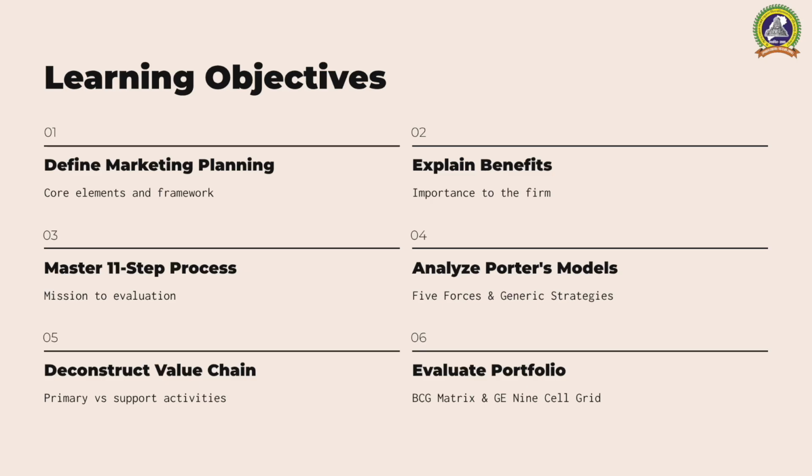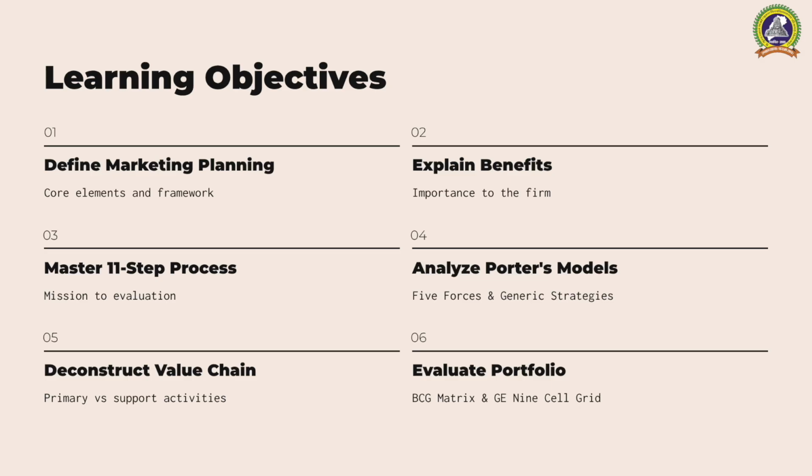By the end of this session, you should be able to, first, provide a clear definition of marketing planning and its core elements. Second, you will be able to explain the importance of marketing planning and the key benefits it brings to an organization. Third, you will be able to describe the process of marketing planning. And fourth, you will be able to analyze Porter's generic model, including both the 5 forces and the 3 generic strategies.